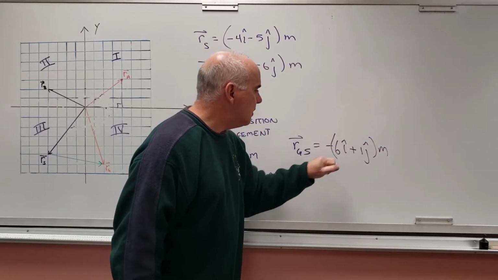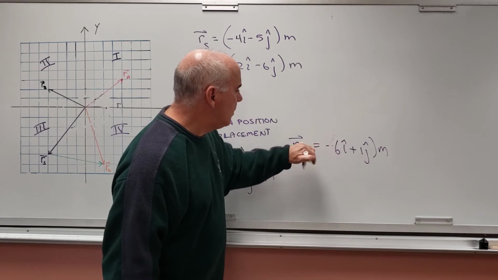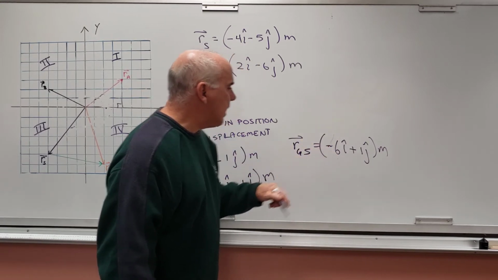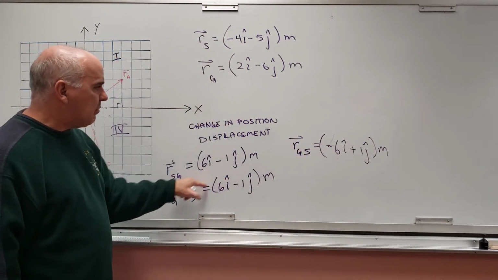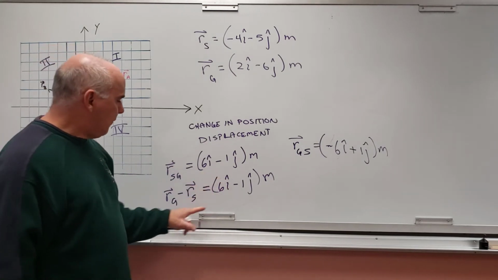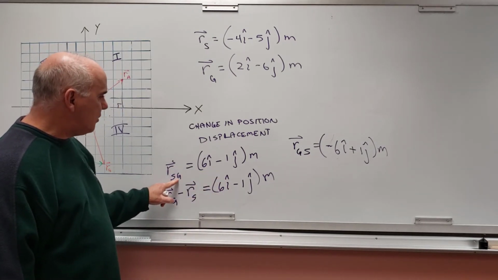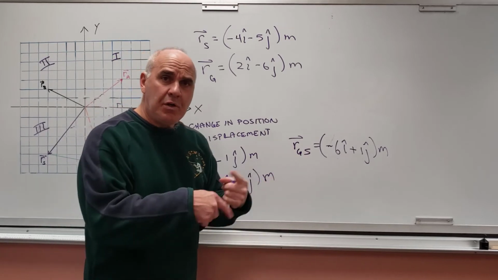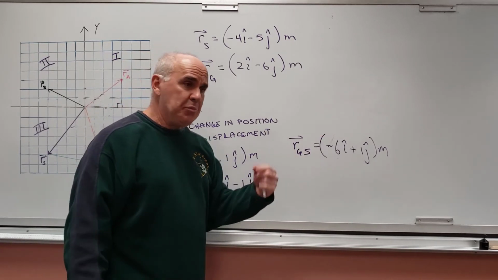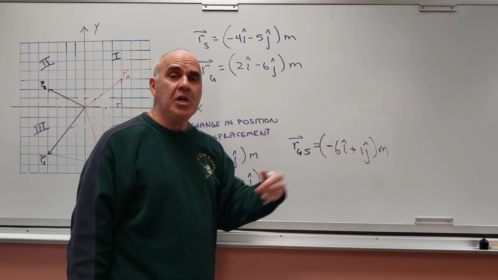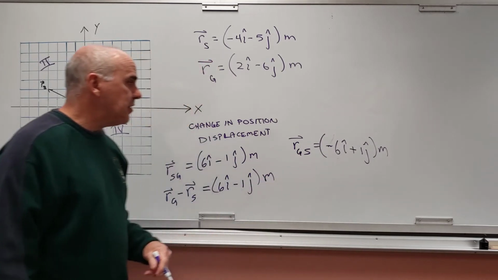Again, that's still meters. Notice it's just the opposite in sign. So if I switch my subscripts, SG goes to GS, just alter your signs on every term. Plus becomes minus and minus becomes plus. You alter that on every term.